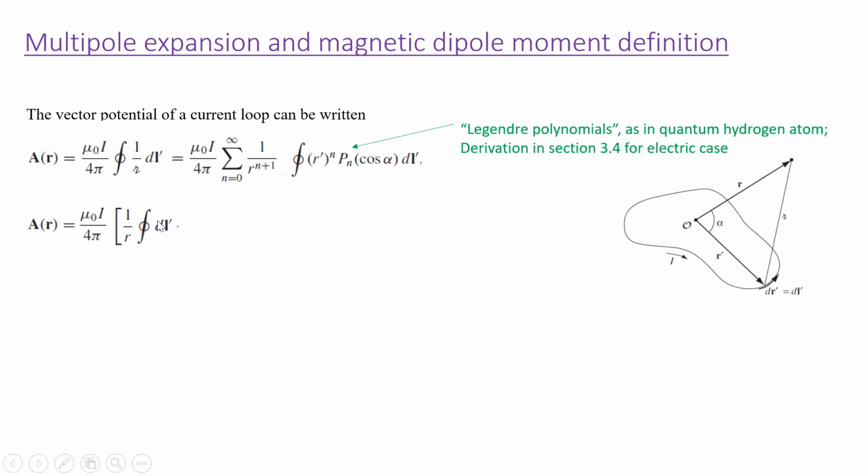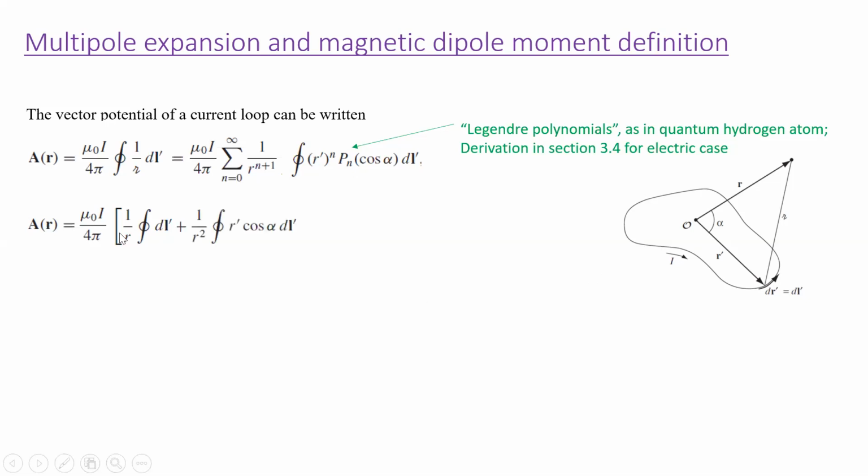Okay, and if you want to think ahead or pause and think ahead, what would be the integral of dl prime over this entire loop? You can pause and think about that for a second if you want. We'll come back to it in a second.